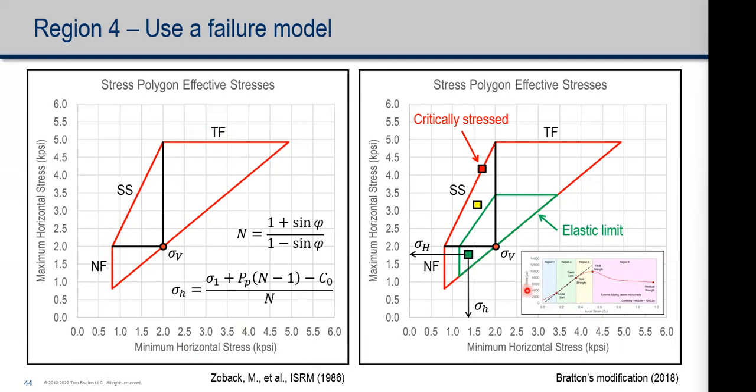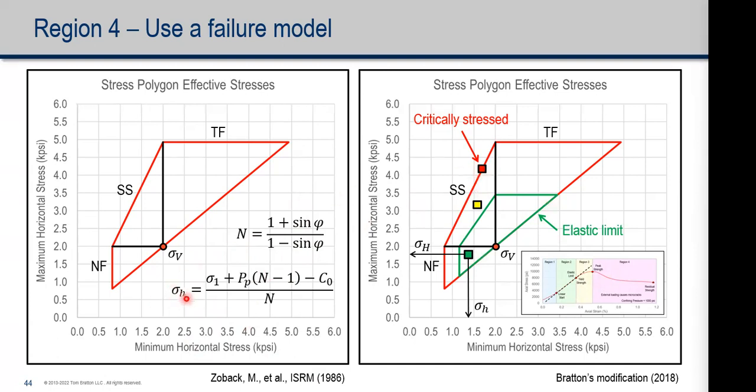But if you come back to this brittle behavior, then you can use this elastic limit and say, okay, everything in this green polygon should follow the rules of linear elasticity. And of course, if I'm critically stressed, then Mohr-Coulomb, given here, gives me a good estimate of stress.